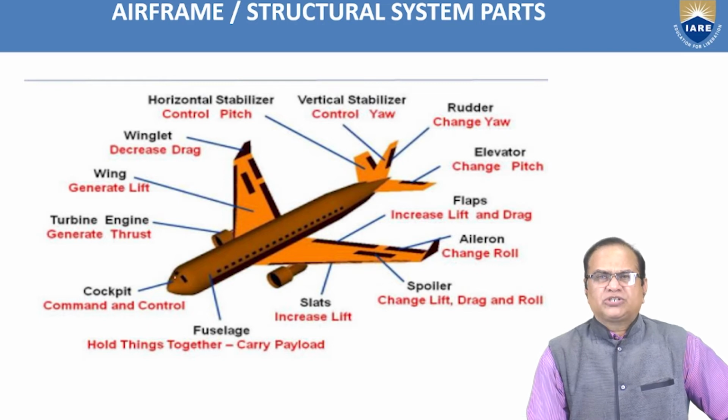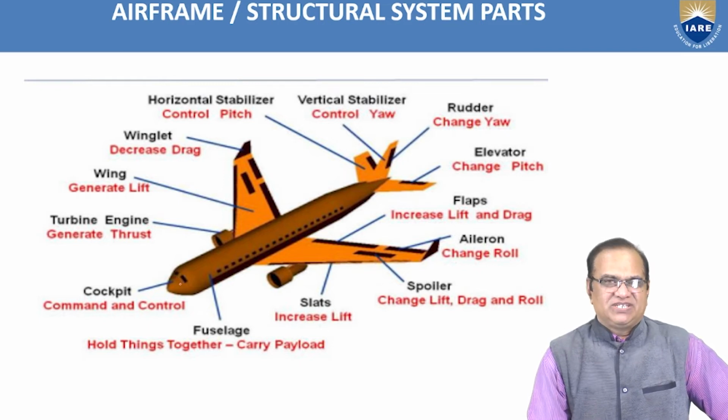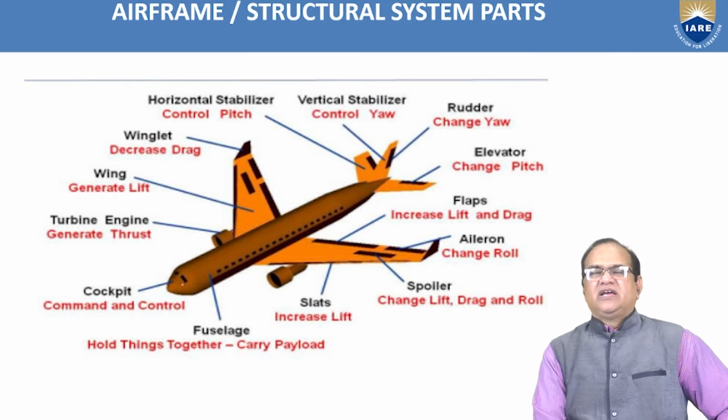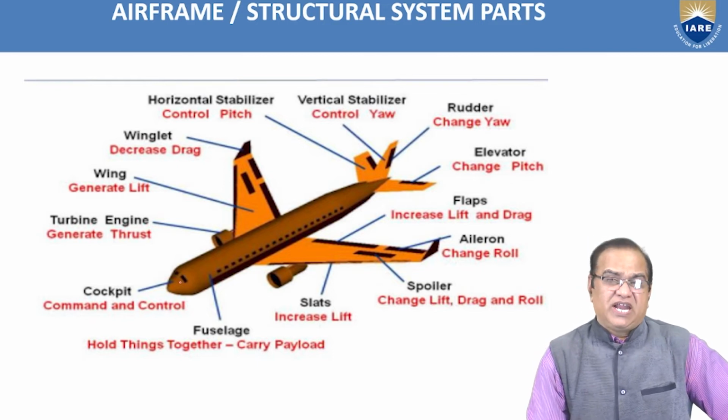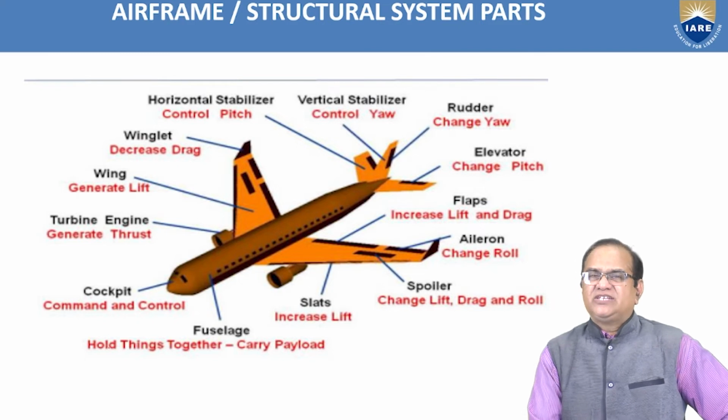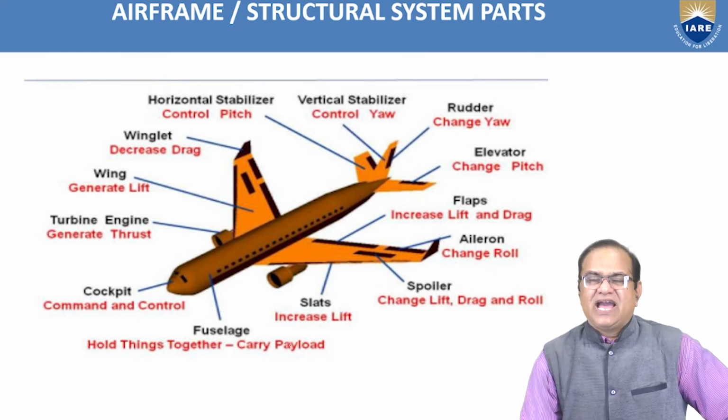One or two, mostly two pilots are sitting in a passenger aircraft. But in a fighter aircraft, there is only one pilot, and for a trainer fighter, you may have two pilots. Here we have the fuselage. The purpose of the fuselage is to hold things together and carry payload.